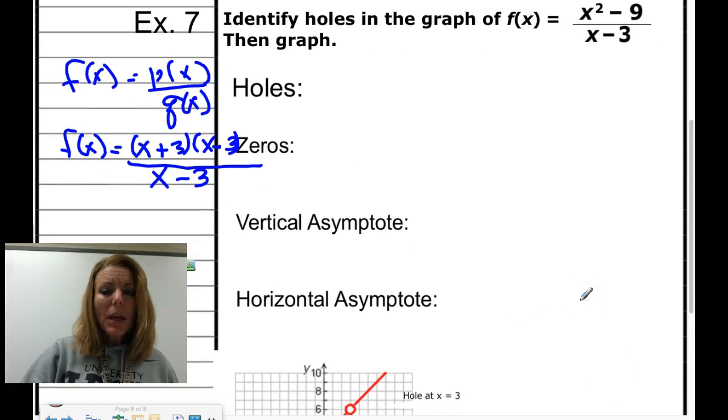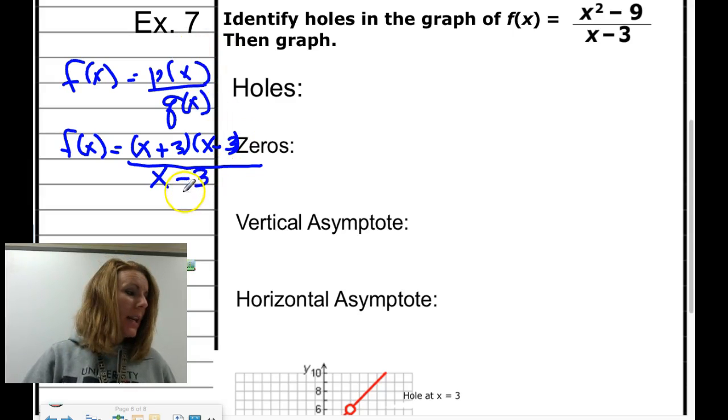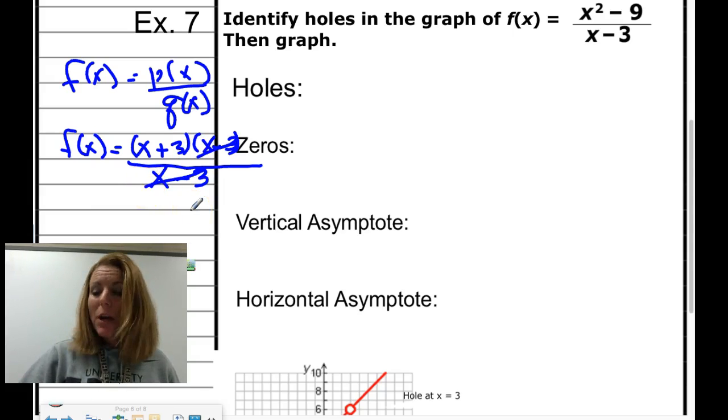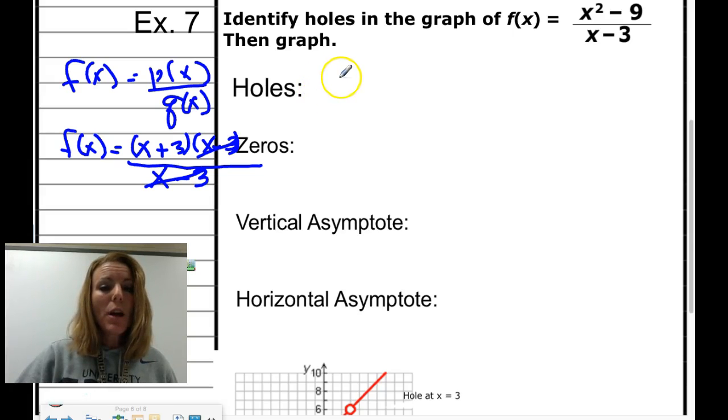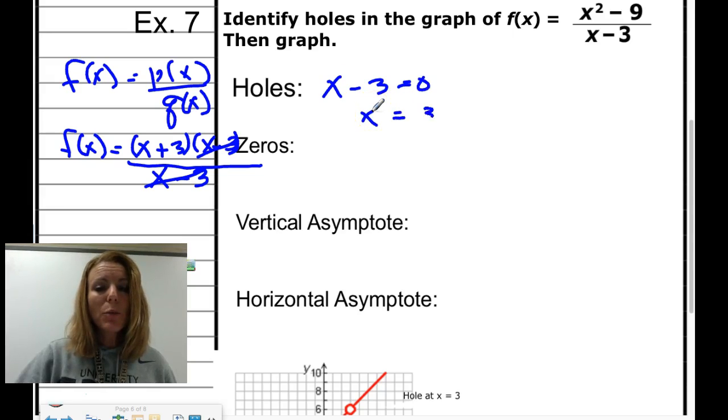I see an x minus 3 on top, and I see an x minus 3 on the bottom. When that's the case, it's something you can essentially watch. Cancel, cancel. When you can cancel something on top and bottom, the hole is where that factor occurs. So I'm going to set x minus 3 equal to 0. So the hole is at x equals 3. That is where the hole is.